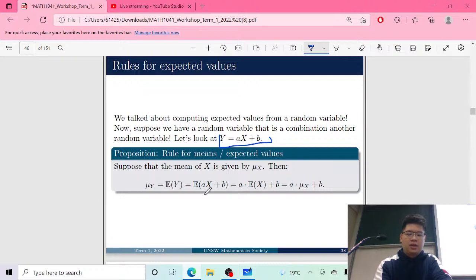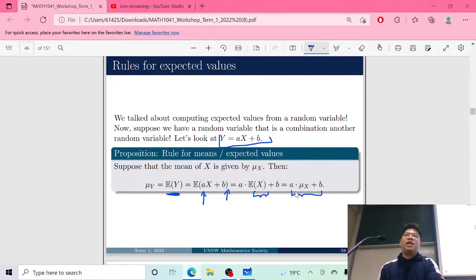The expected value of y, E(aX + b), equals a times the expected value of x plus b. So this is going to be a times the mean of x plus b. You see the a and the b here, these are constants. Just remember that you take out the constants, you can treat the E of X over here like algebra, and you'd get this formula right here.